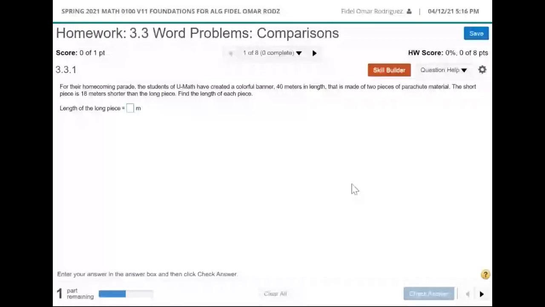Let me get 3.3 here. Okay, there we go. So this is 3.3, and I was just going to start working through these here.